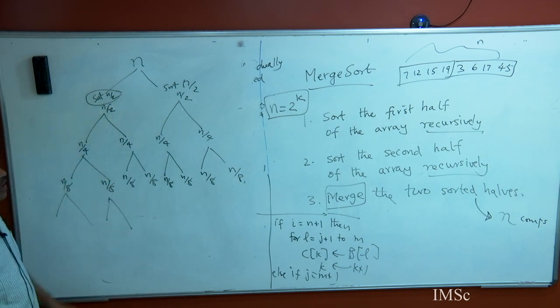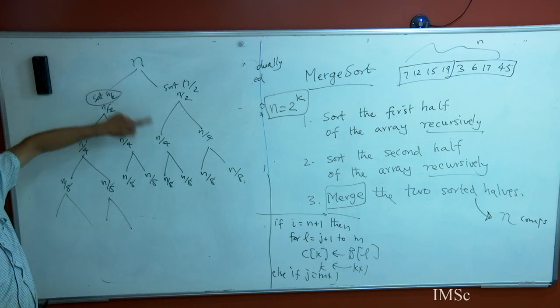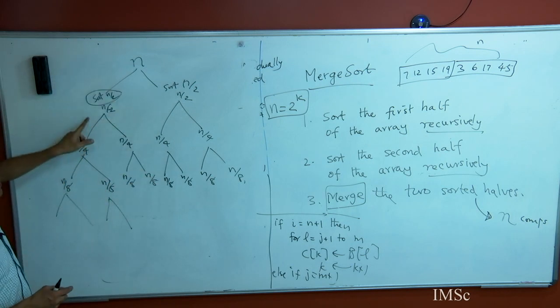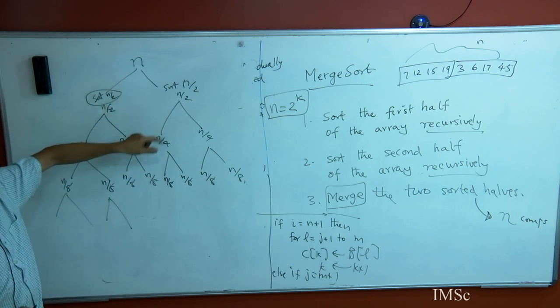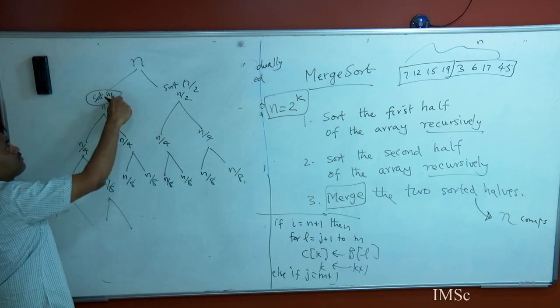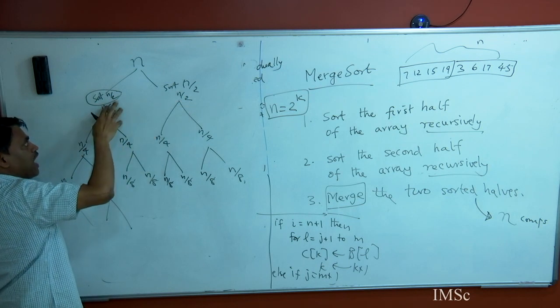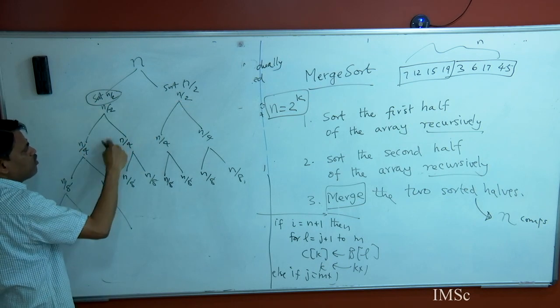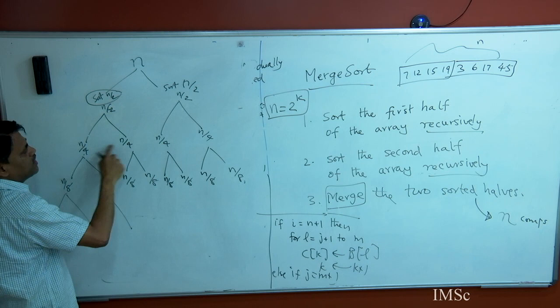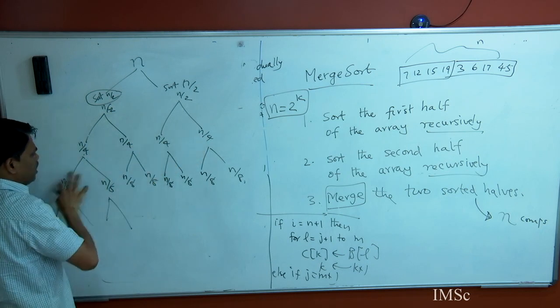So there will be n comparisons at the last step, but before that you have to sort n by 2 and sort n by 2 elements. For that, the last step of that will take n by 2 comparisons, last step of that will take n by 2 comparisons, and then you have to sort n by 4 and sort n by 4. The last step will take n by 4, n by 4, n by 4, and so on and so forth.